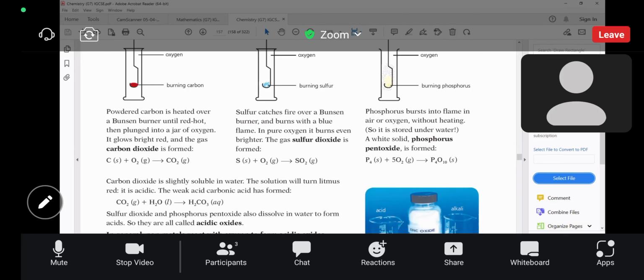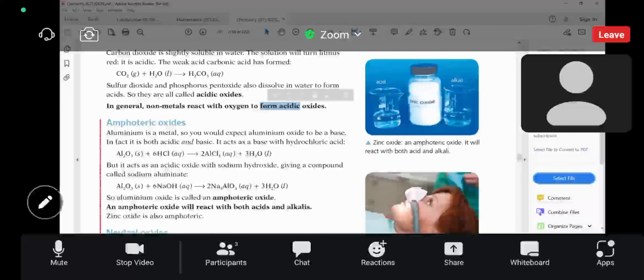Right. Now, in general, non-metals react with oxygen to form acidic oxides. So if a non-metal reacts with oxygen, it will produce acidic oxides.